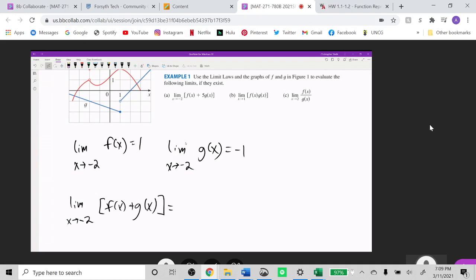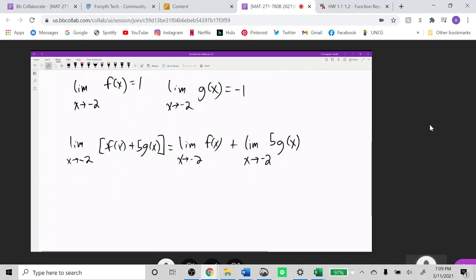is equal to, this was 5 times, right? The limit of f of x as x approaches -2 plus 5. I suppose I should first write the limit as x approaches -2 of 5 times g of x. And now I use my constant multiple law to bring the 5 in front of that second limit.